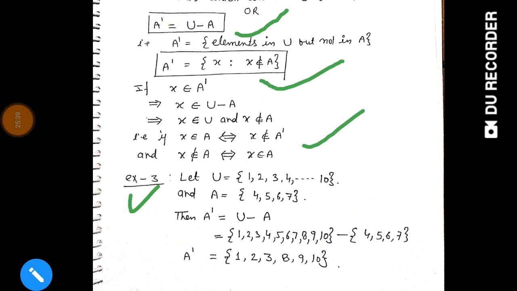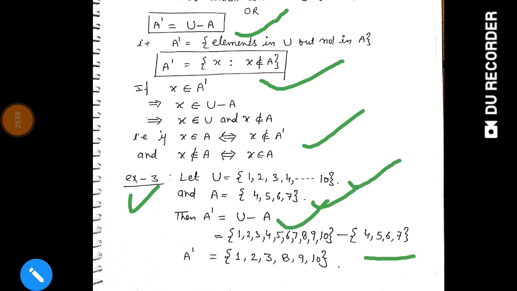Let U be 1 to 10, and A be this. Then by the definition, A dash is equal to U minus A. We have to find A dash.